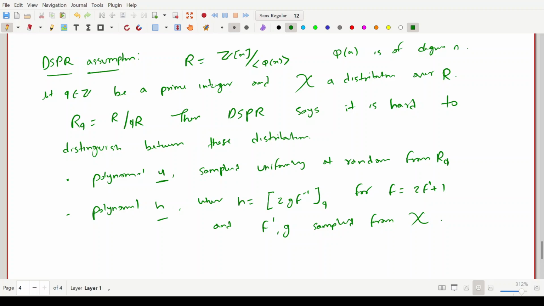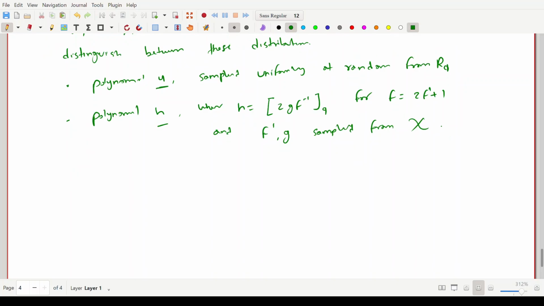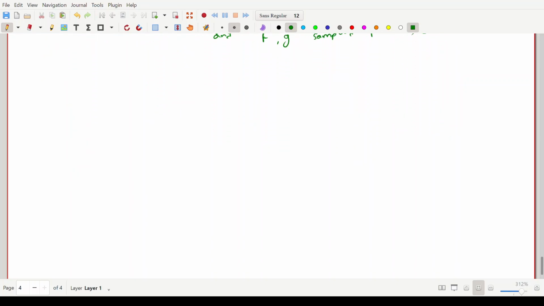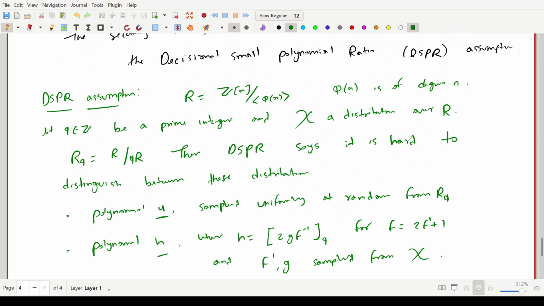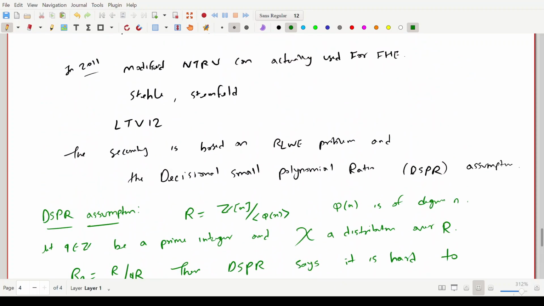This was the DSPR assumption. Let us now give the modified NTRU, which was given in 2011, as I told you.